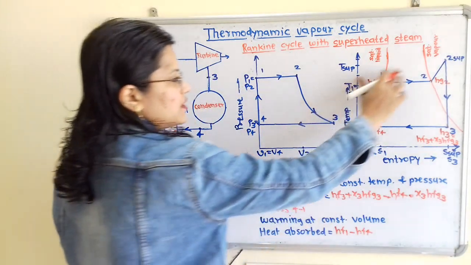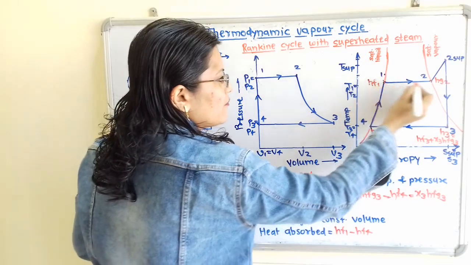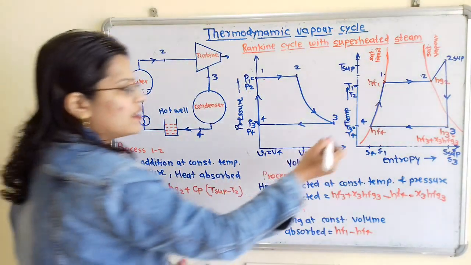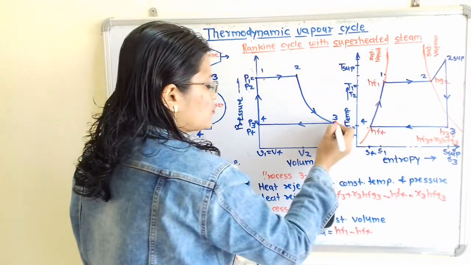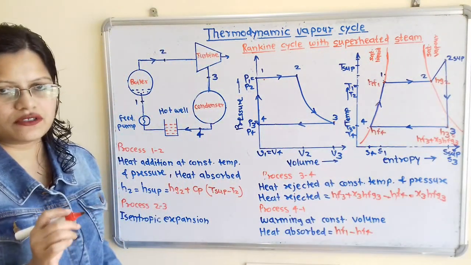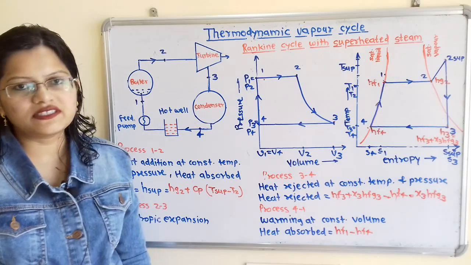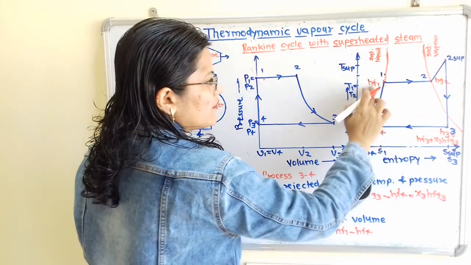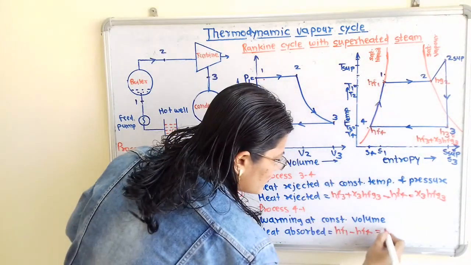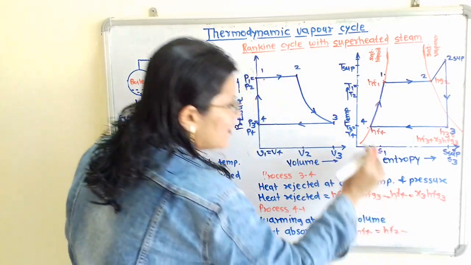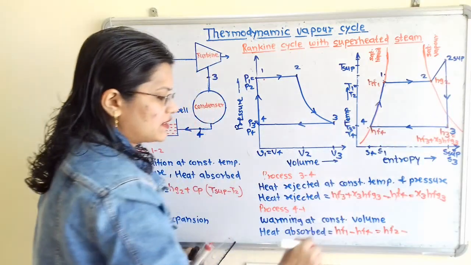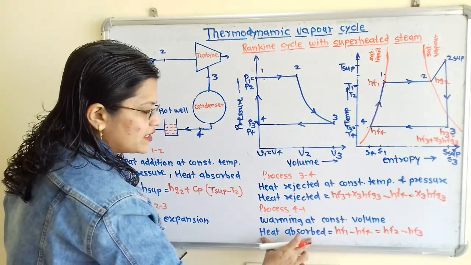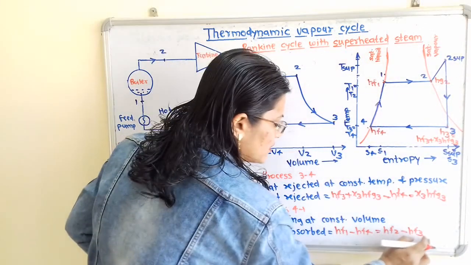Now if we observe this diagram, process 1 to 2 is taking place at constant pressure, and process 3 to 4 is also taking place at constant pressure. So again if we observe the steam table, the value of hf2 is equal to hf1. So instead of hf1 I will write here hf2, and hf4 is equal to hf3. So I will write here hf3. So we can use this formula, heat absorbed is equal to hf2 minus hf3.